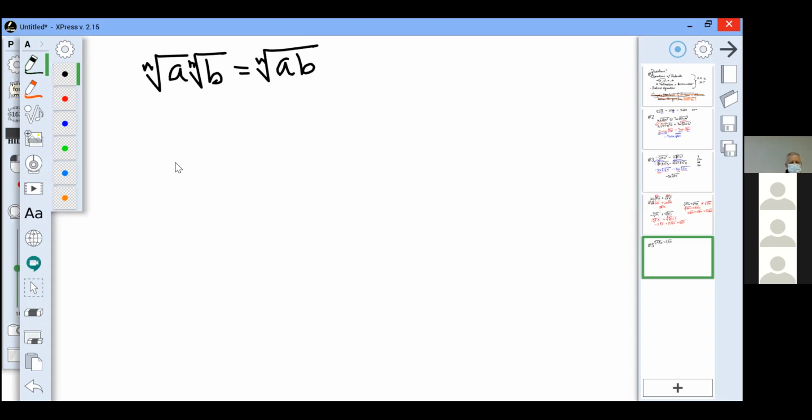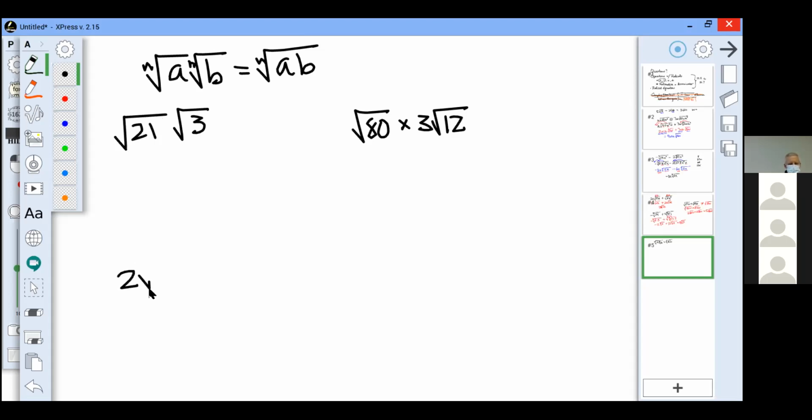Okay. So for example, these are just numeric at first. I'll just write a bunch of them down. You get the square root of 21 and the square root of 3. You've got the square root of 80 times 3 square roots of 12. You could simplify some of these beforehand, but I would just wait until you're done.